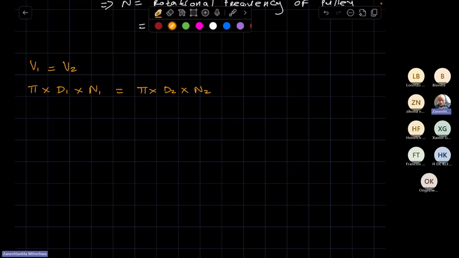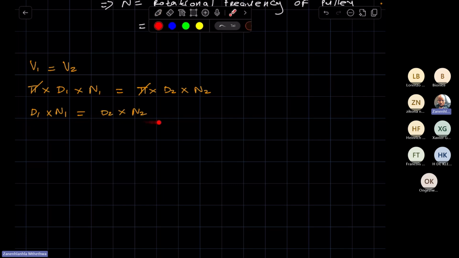N2. So you see how these must always correspond. If this is D1, then that must be N1. If that's D2, then that must be N2 as well. If V1 is equal to V2, then this is the relationship we get. And then mathematically, because these are equal, those two will cancel each other out, essentially meaning that D1 times N1 is equal to D2 times N2.